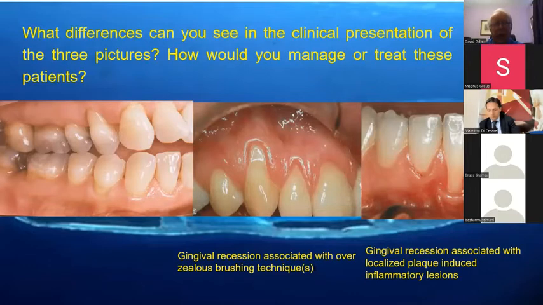The question is, will they get sensitivity? It may well be with the so-called burnishing effect that in this case they may not get sensitivity.